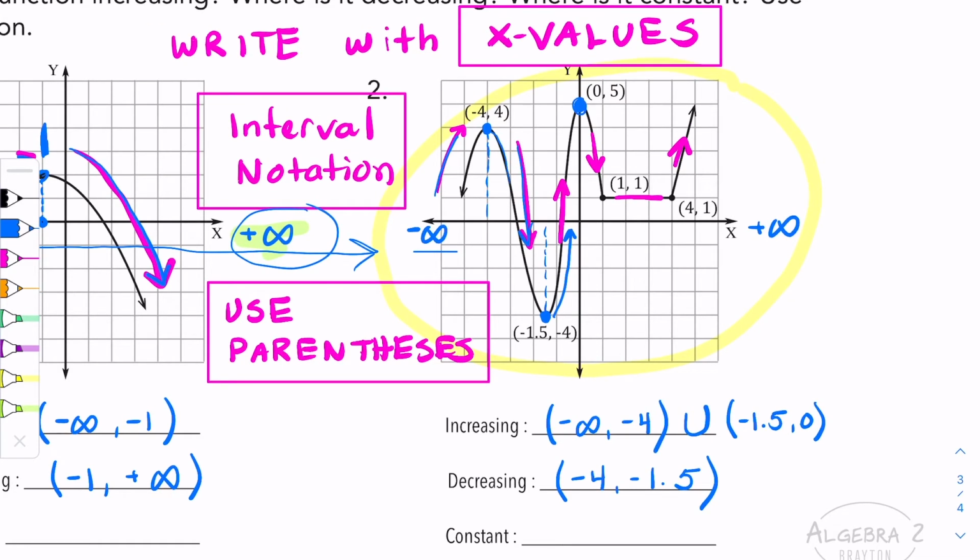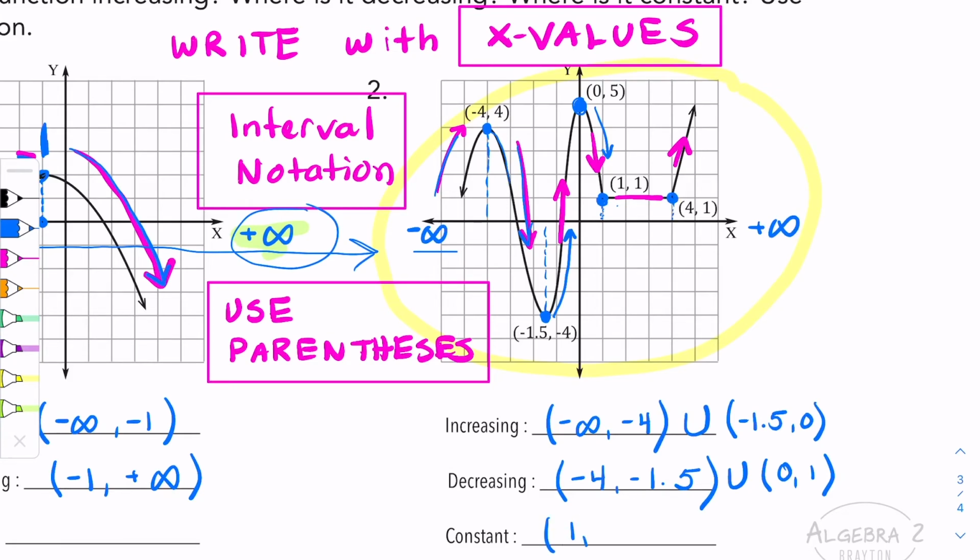At 0, we start to head back down until this point, which is at an x coordinate of 1. So we are decreasing from 0 to 1. At x coordinate of 1, we are staying constant until x coordinate of 4.